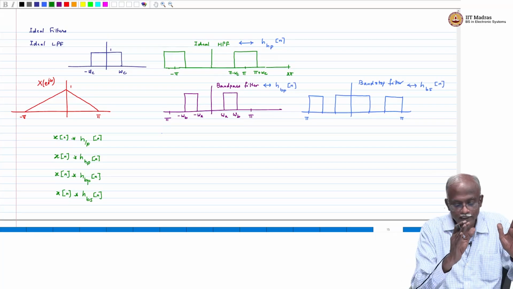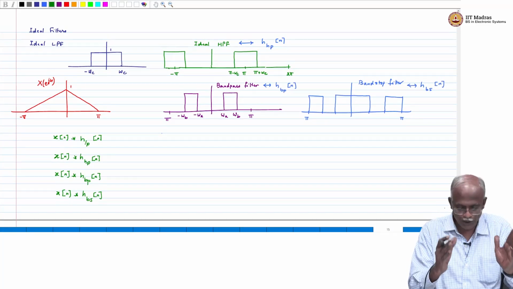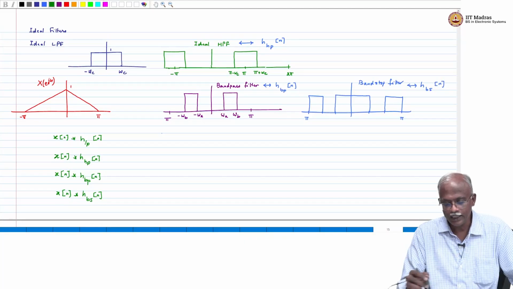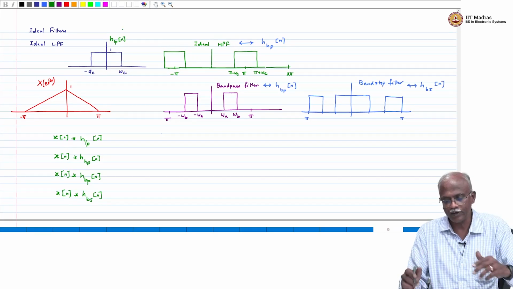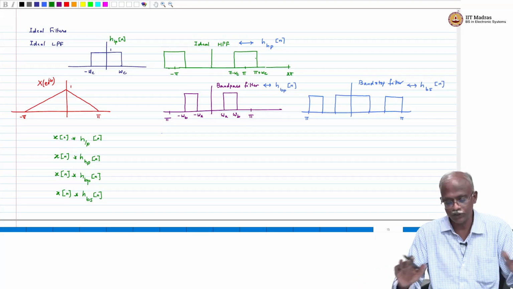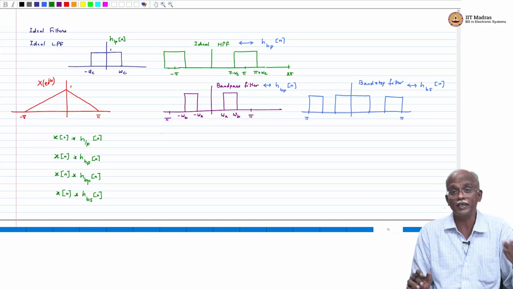Now, computing this in the time domain is of course possible and can be done. Just like we got the low pass filter's time domain impulse response, we can calculate these. The inverse Fourier transform is quite easy in all of these examples, so not a problem; we can actually get expressions for that.